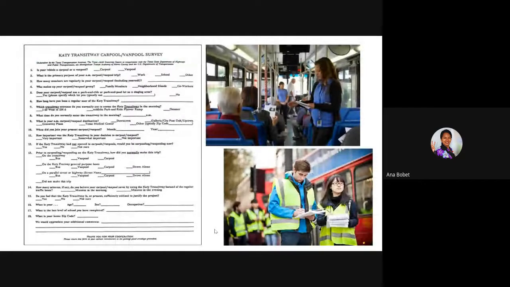So this is a survey example, survey sheet, then survey within the bus or sa roadside. So akong experience ani kay nag-interview ko sa train station because Metro Rail Authority sa atong MRT nag-survey sila kay during Macapagal Arroyo as a president nag-invest siya og train station nga improvement sa LRT ug MRT.